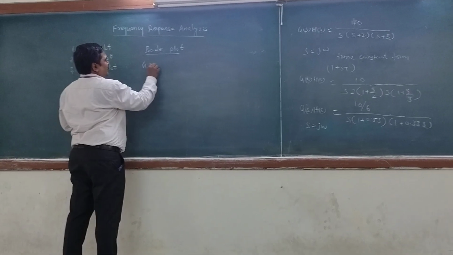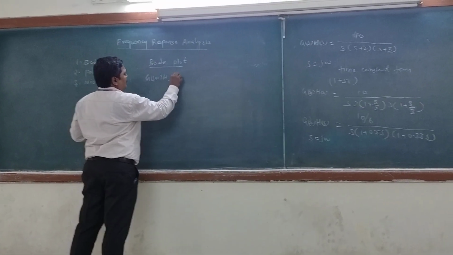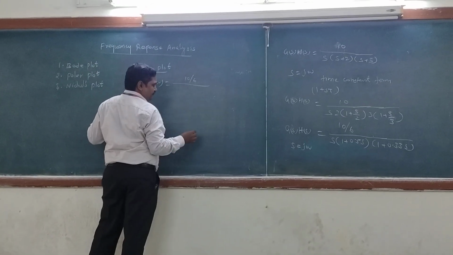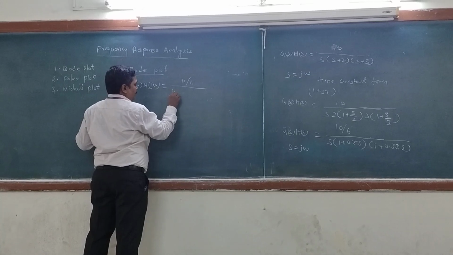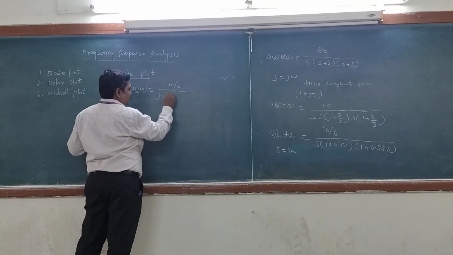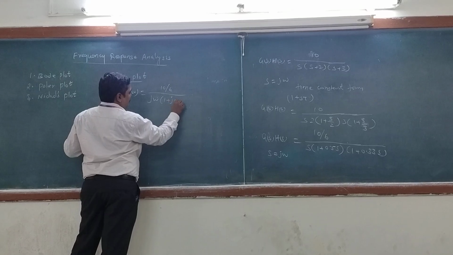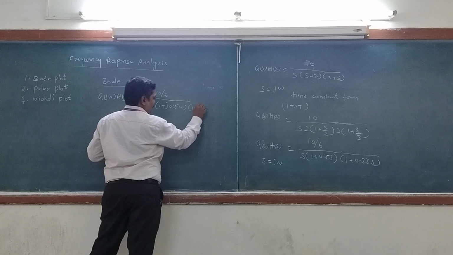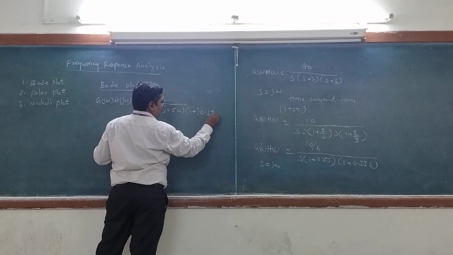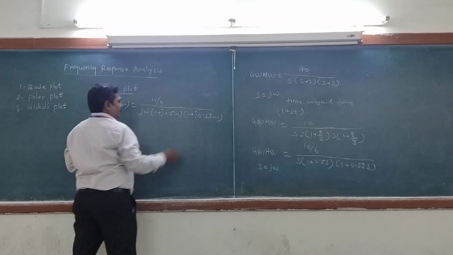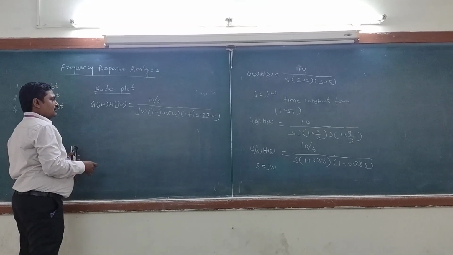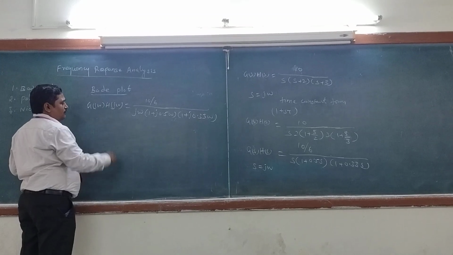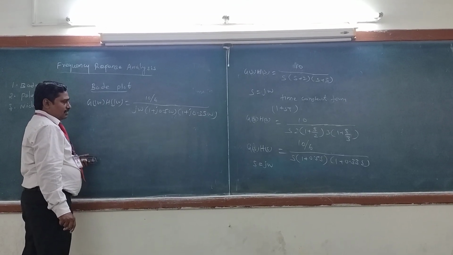So G(j omega)H(j omega) is equal to 10 by 6, wherever it says s, replace it by j omega: j omega (1 plus j 0.5 omega)(1 plus j 0.33 omega). Okay. Now this is in rectangular form, this complex transfer function.